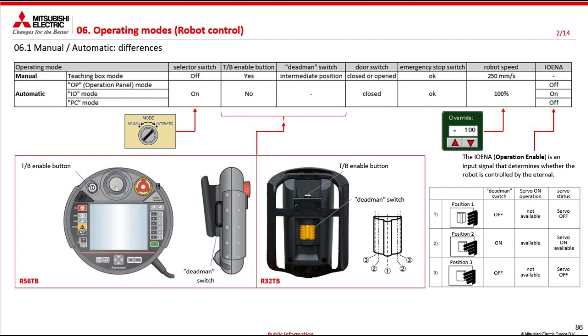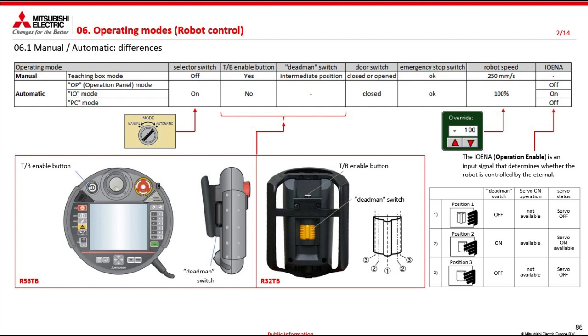Therefore, the safety of the operator inside the cell is guaranteed precisely through this enabling button. The enabling button must be turned off in order to go automatic. The deadman no longer comes into play. Why? Because the door will be closed with the mushroom OK. The speed of the robot at that point will be the maximum speed of that specific one.